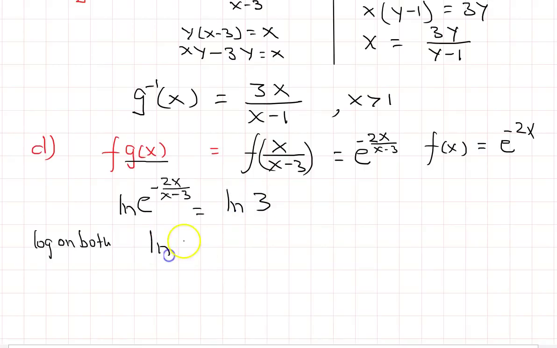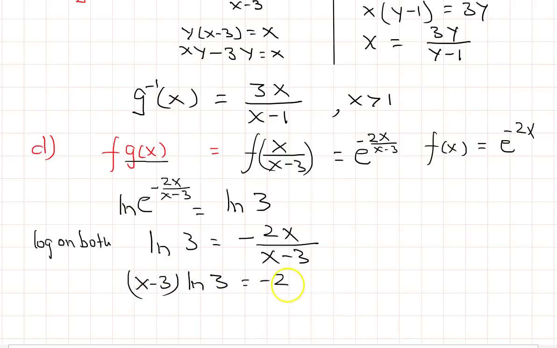So ln 3 will be minus 2x over x minus 3. So we can write it x minus 3 ln 3 is equal to minus 2x. x ln 3 minus 3 ln 3 is equal to minus 2x.